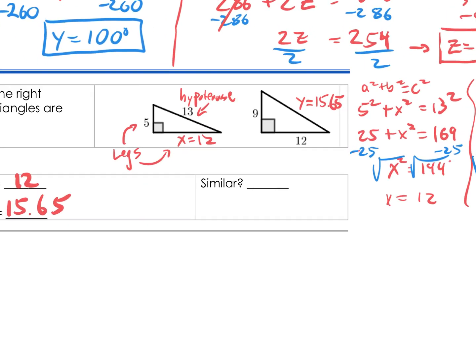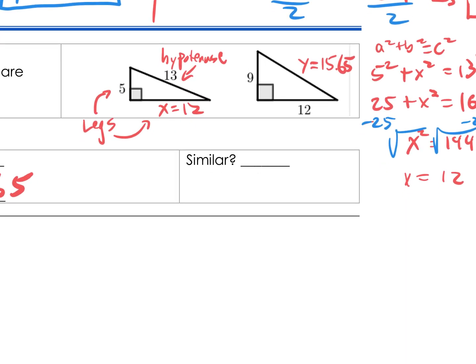So similar, we're going to need to check to see if the sides are proportional. If we take any 2 corresponding pairs, let's say we take this 5 here over 12.